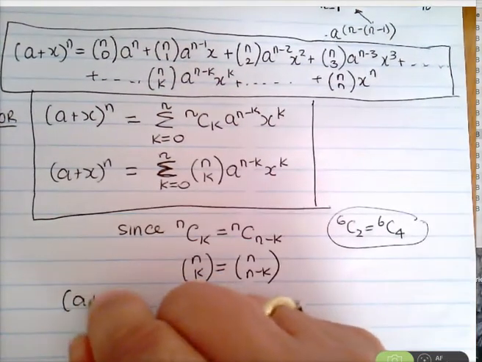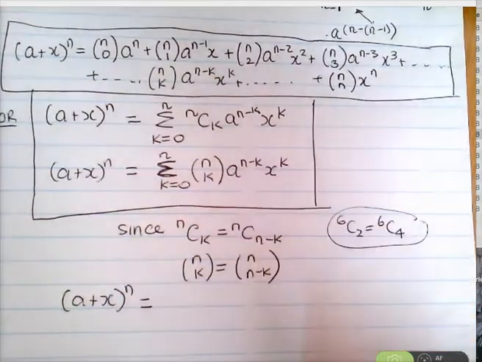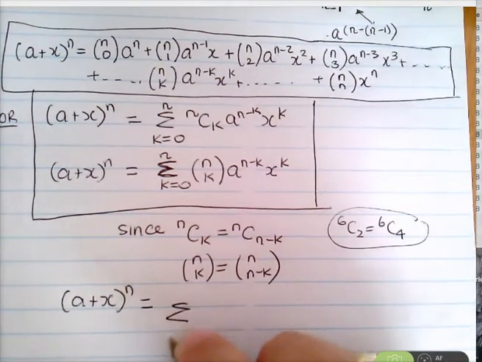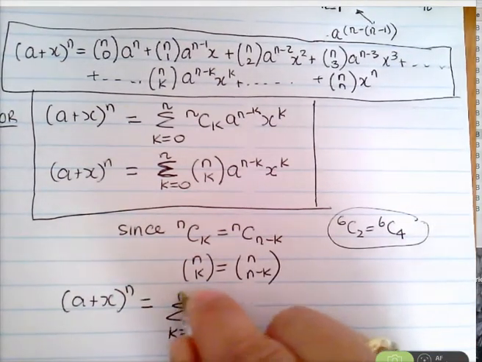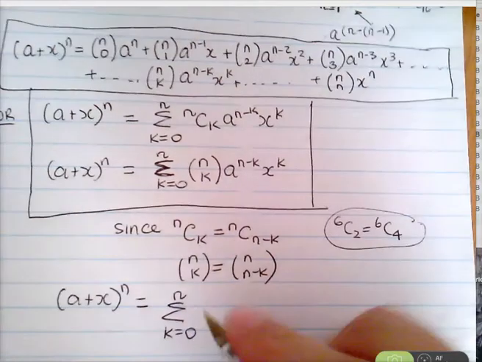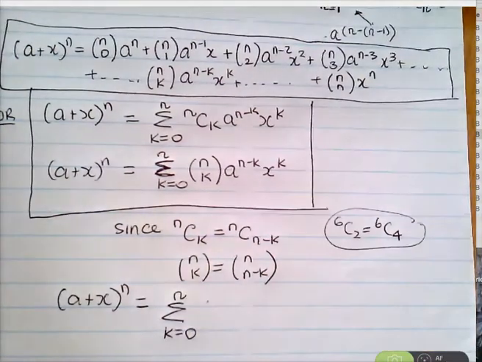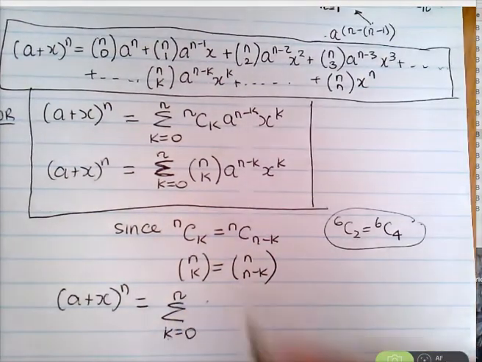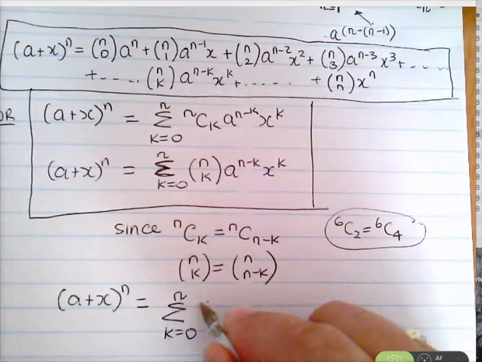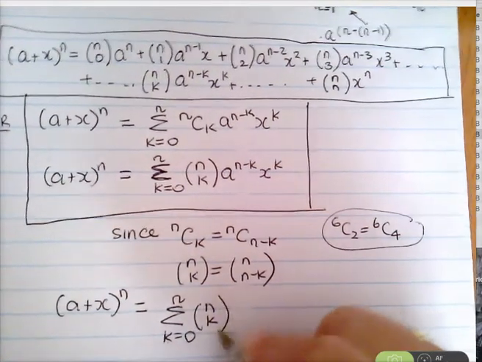So the binomial expansion for (a + x)^n can also be written as the sum from k = 0 to n of n choose k. It doesn't matter which way I write it.